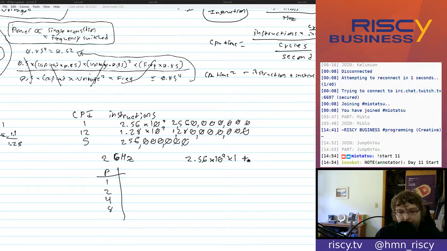And then we need to sum it with the CPI and instructions of the other one, so plus 1.28 times 10 to the 9th times 12.